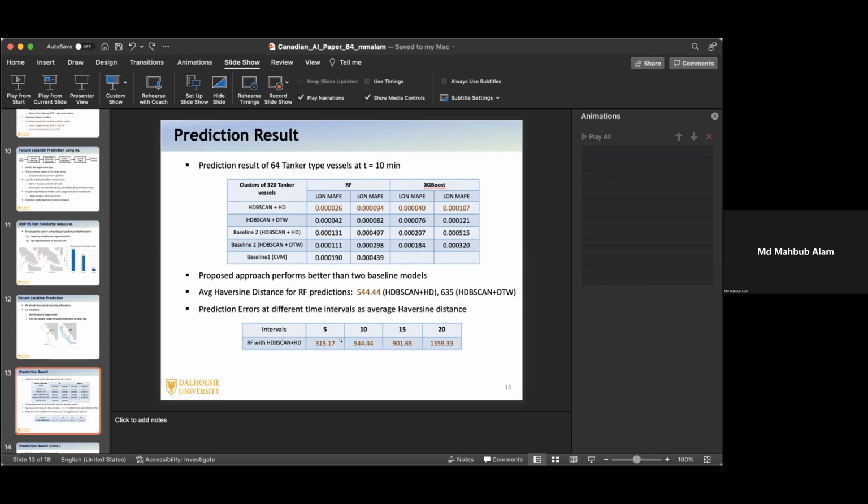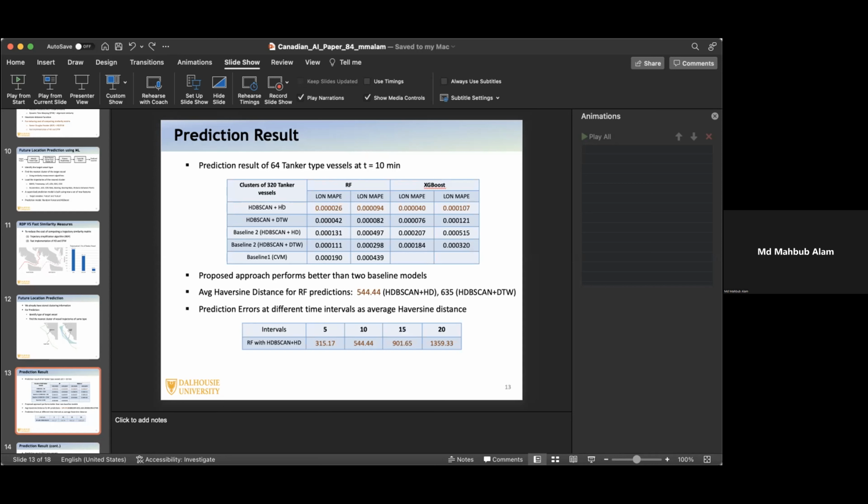So we also have some results. This is the prediction result of 64 tanker type vessels. As I said, we have used random forest and XGBoost. Both XGBoost and random forest provide better results with distribution clusters computed with Hausdorff distance.